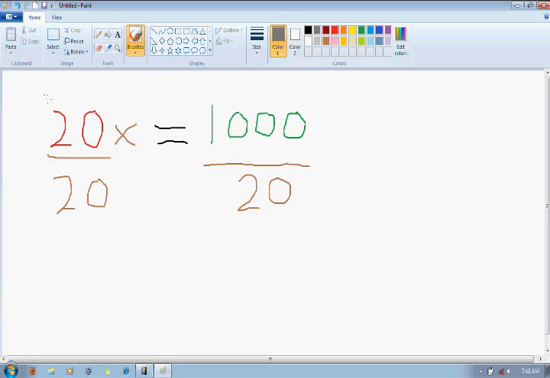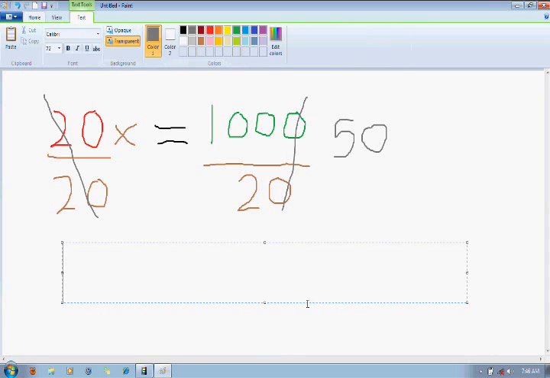That cancels out, and that just becomes X. This gets reduced. We take away the zeros. 100 divided by 2 is 50. So we're left with a new equation. Oh, I'm sorry. We figure out that X equals 50.